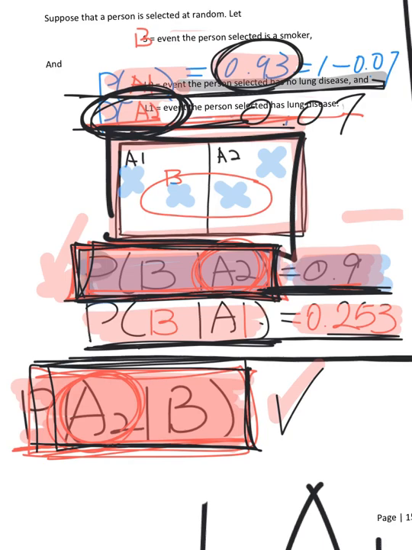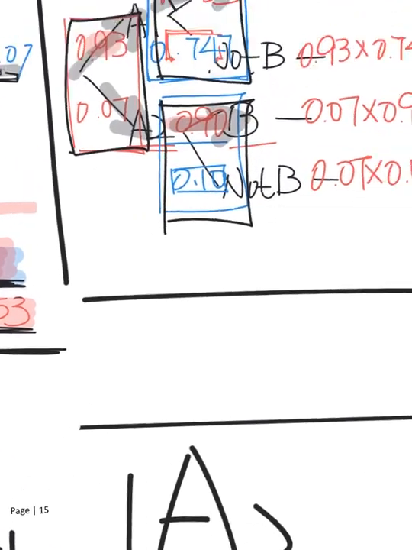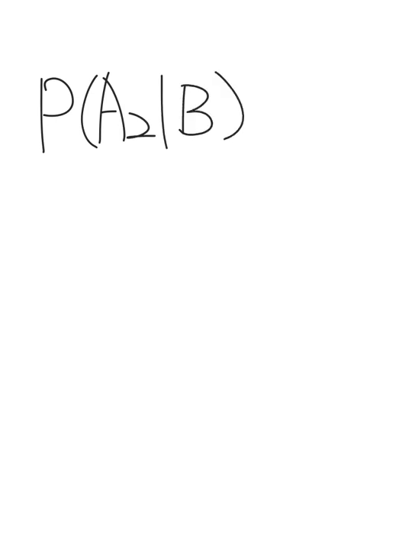Okay, let me go to a clean page. What do we need? Probability of A2 given B. Please remind me what the Bayes rule was.